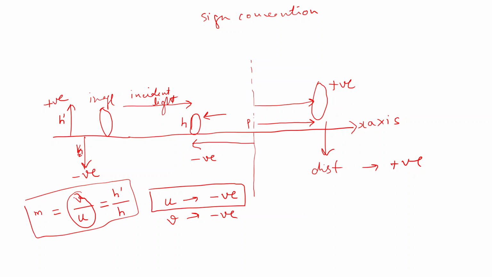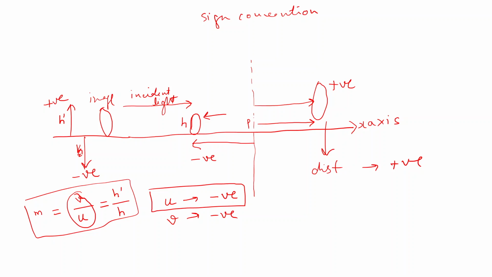For mirror and lens there is again some sign that we need to keep in mind, but basically this magnification, which is actually the ratio of height of image and height of object, also equals the ratio of distance of image from the pole and distance of object from the pole.